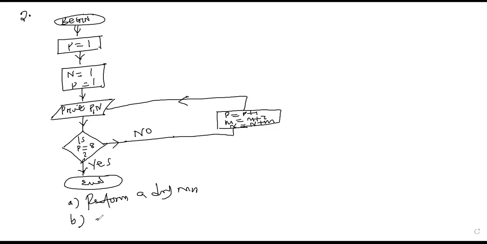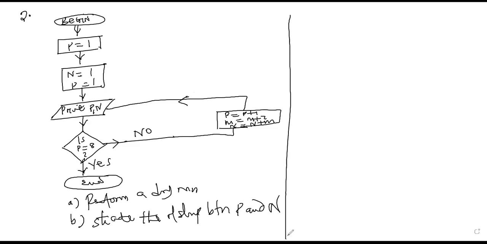B, you want to state the relationship between P and N. Now, looking at this, it's a bit easier because you're given everything in order. So let us begin with a dry run.